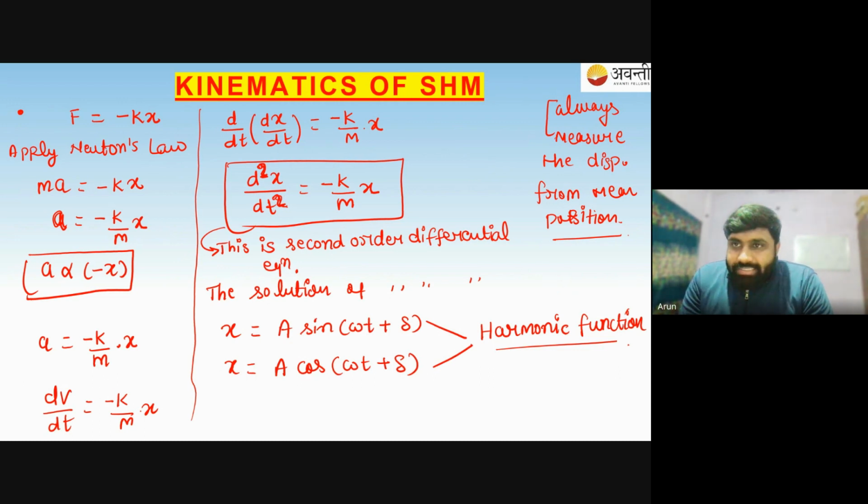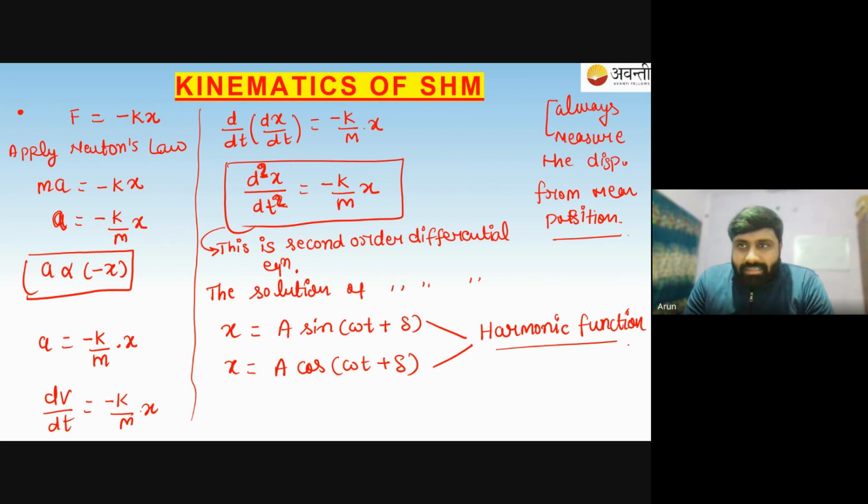The rest of the lecture we will discuss in the next class, in which we will discuss the velocity function with respect to time. In this way, x equals a sine omega t plus delta, so what will be v? v equals a omega cos omega t plus delta, and how it comes.